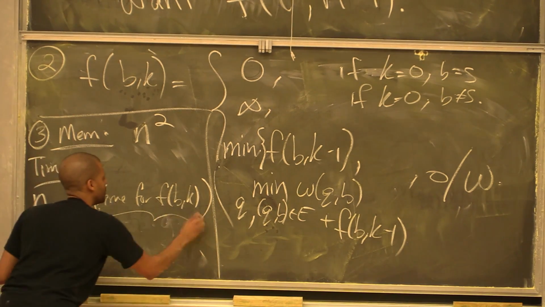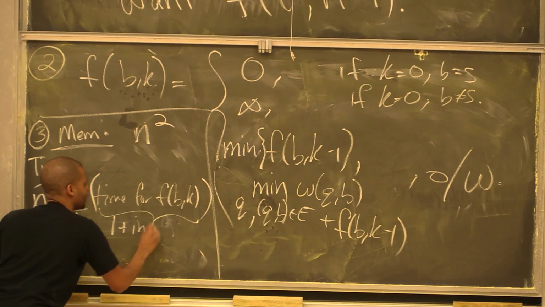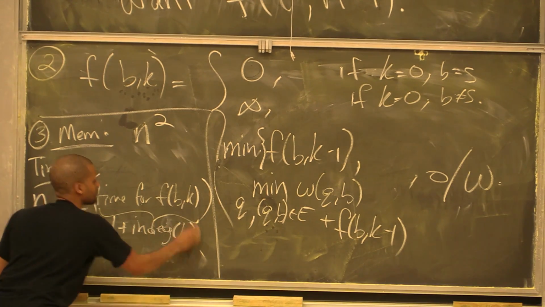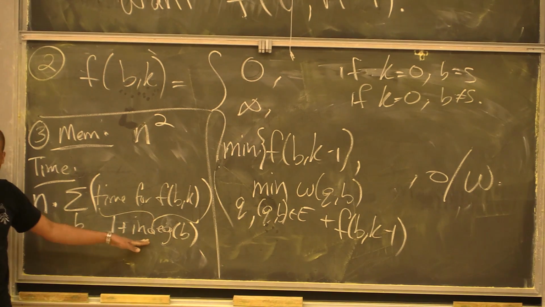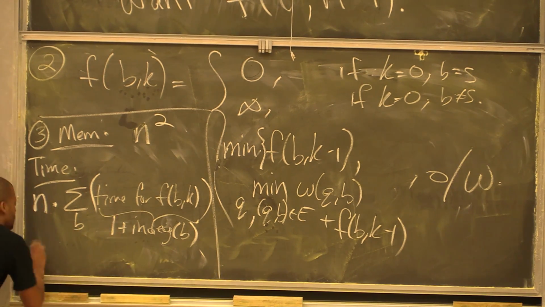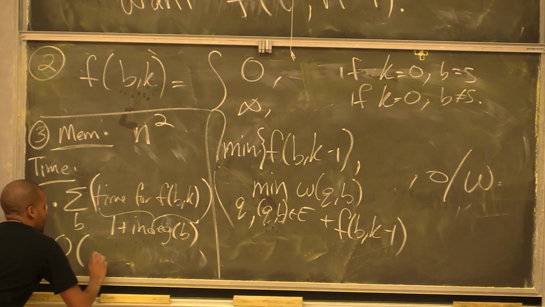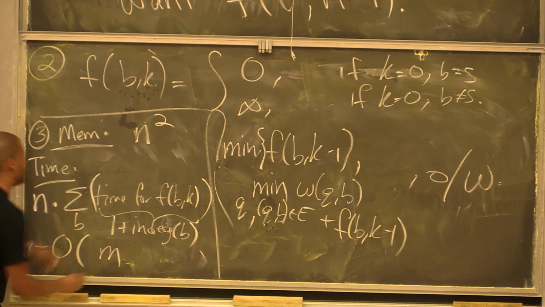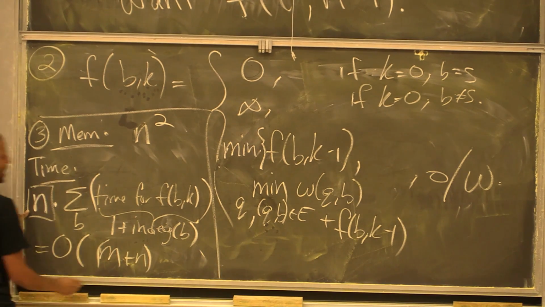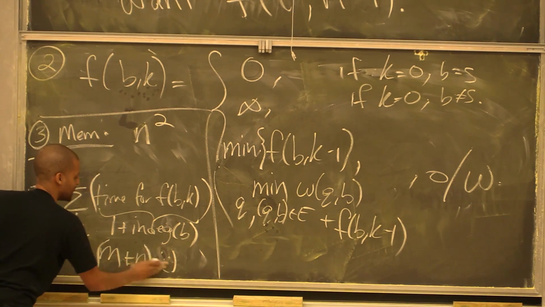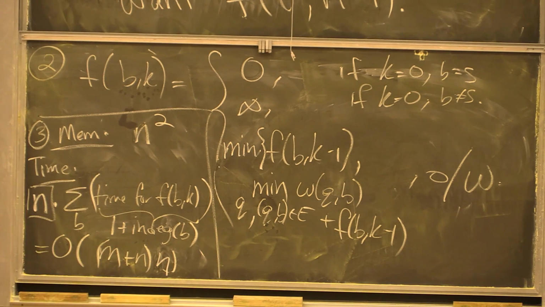It's proportional to 1 plus the in degree of b, because I loop over everything that points into b. The sum of the in degrees is exactly the number of edges. So this is O of basically m plus n times this n because of all the different k options times n. So basically mn time, which is Bellman-Ford.